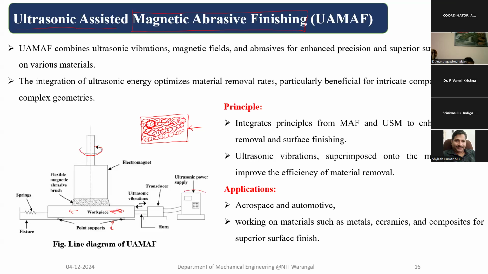This is the generator, this is the transducer, and this is the horn. The generator creates the vibrations, which are transferred to the transducer. All of you know the functionality of the transducer: it stabilizes and enhances the vibrations. The horn also enhances the amplitude of this vibration, so that it is given to the workpiece in a particular direction.